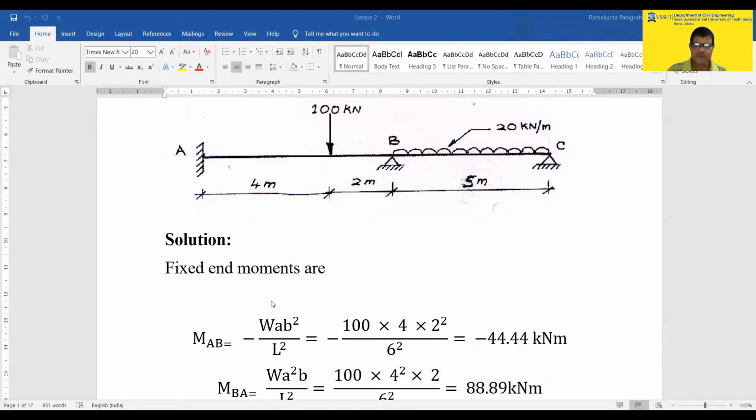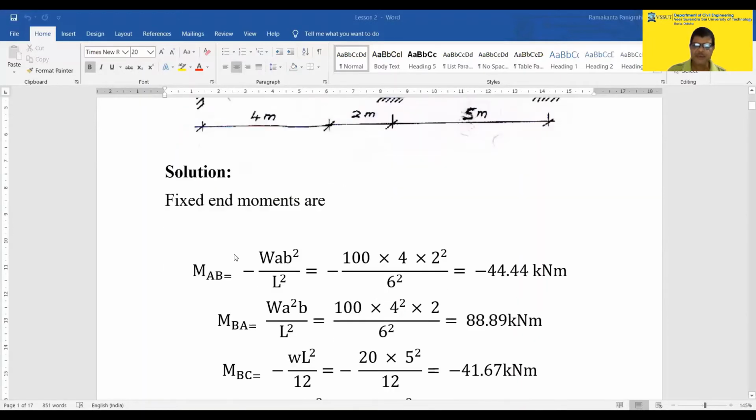Now the fixed end moments for the span AB: you will see that the point load is 100 kilonewton at a distance of 4 meter and the span is 6 meters. So you can take a is equal to 4 and b is equal to 2. And what is the fixed end moment formula? For the end A, it is anti-clockwise. We have seen clockwise moments are positive, so anti-clockwise moment will be negative.